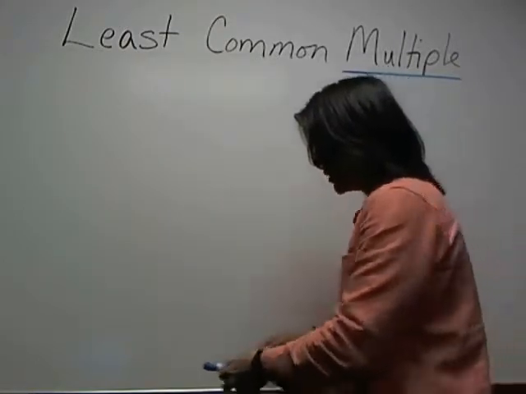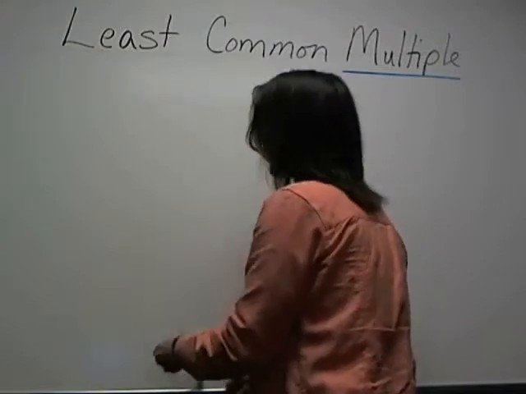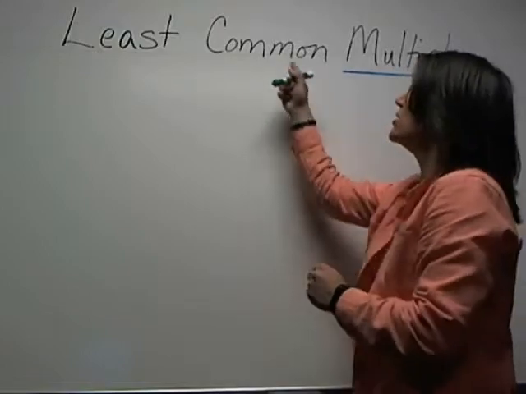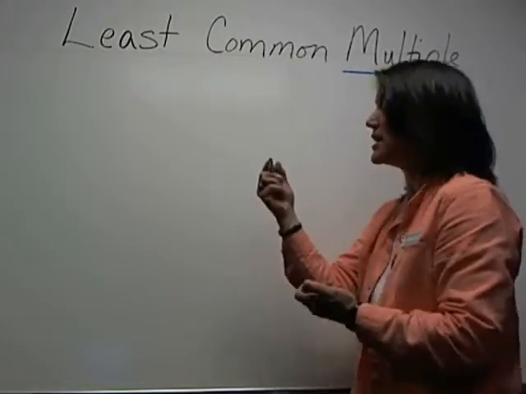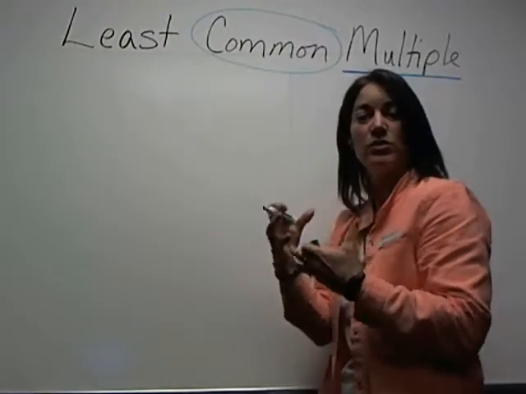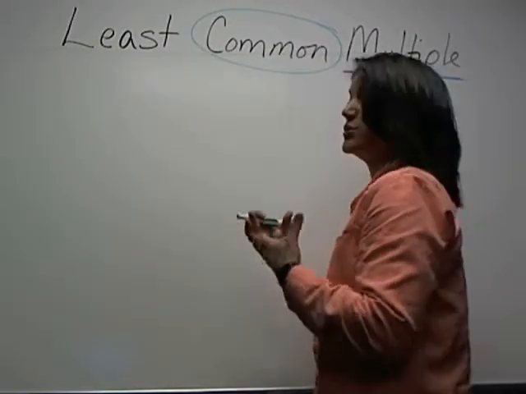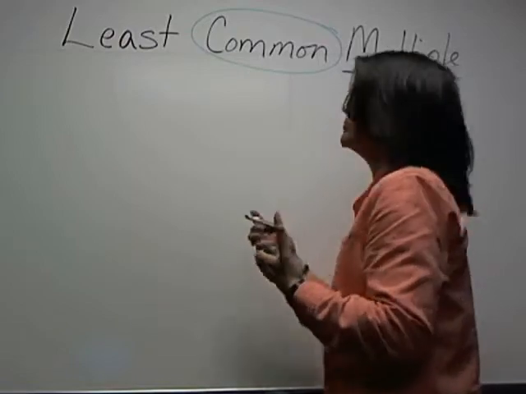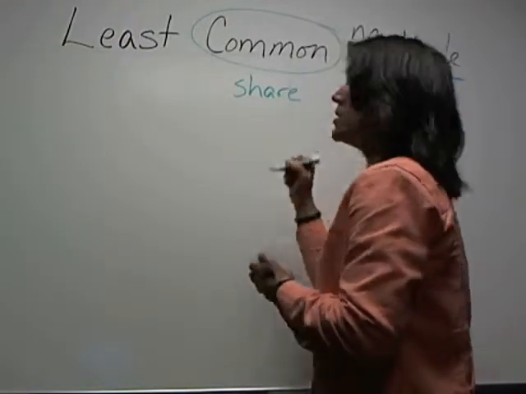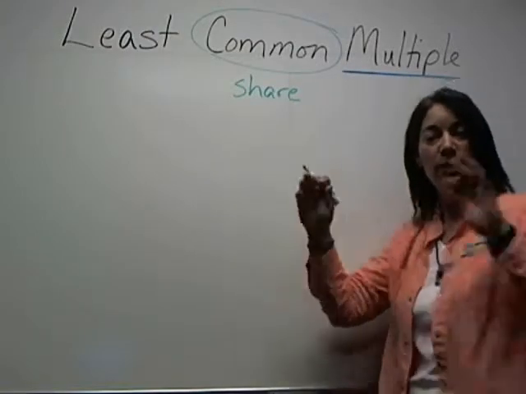Now, what type of bigger number is it? Well, then you look to the adjective that's closest to the noun to describe it. The adjective closest to multiple is common. If something's common between or among the items, between two items or among three or more items, it's something that they share. So we're looking for a multiple, bigger number.